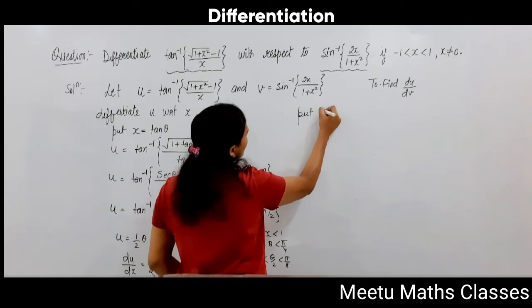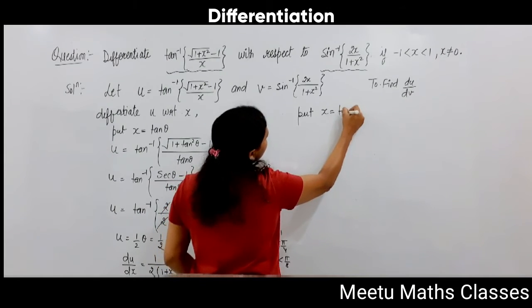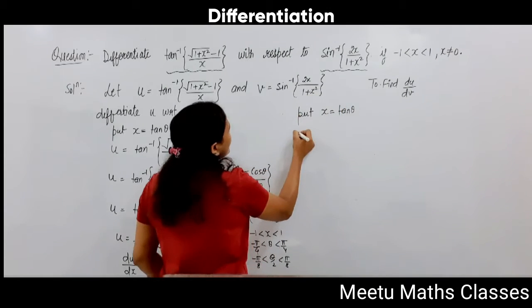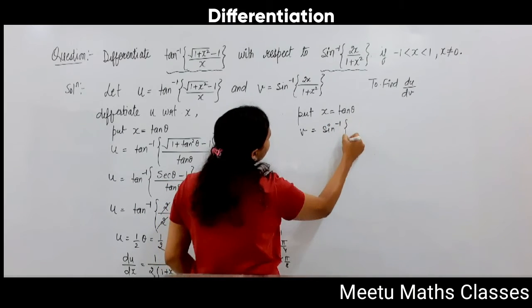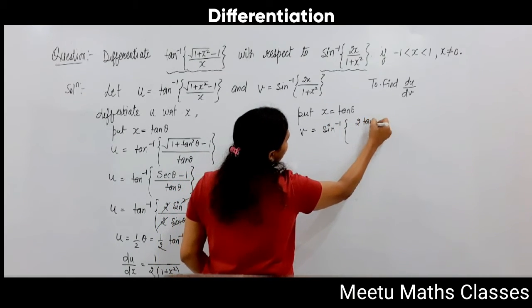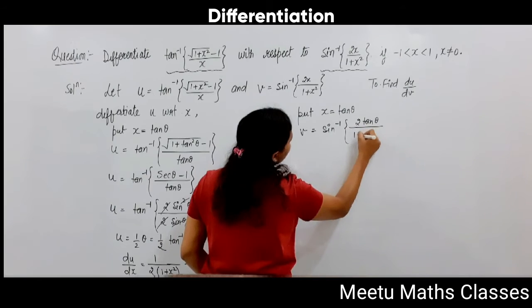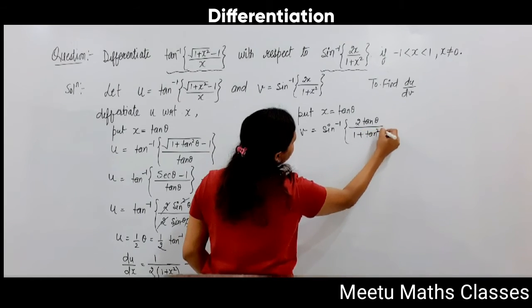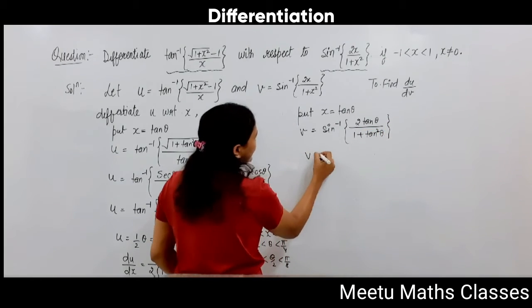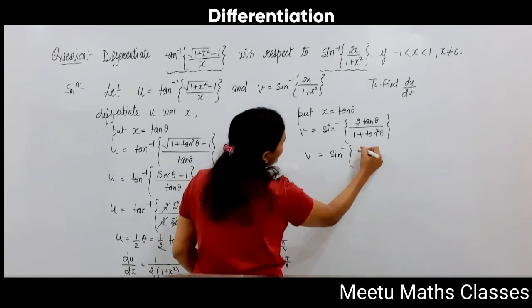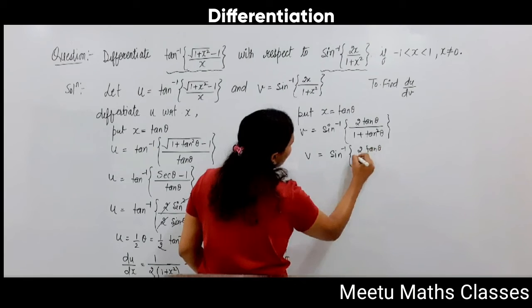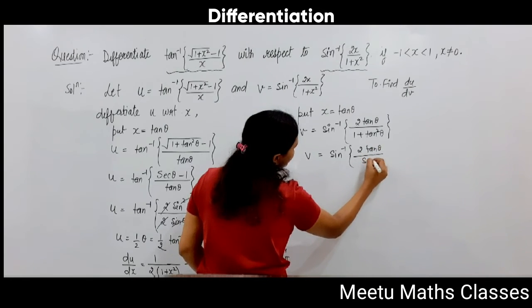Now substitute x equals tan theta here. So v becomes sin inverse of 2 tan theta upon 1 plus tan square theta, and this will be equal to sin inverse of 2 tan theta upon sec square theta.